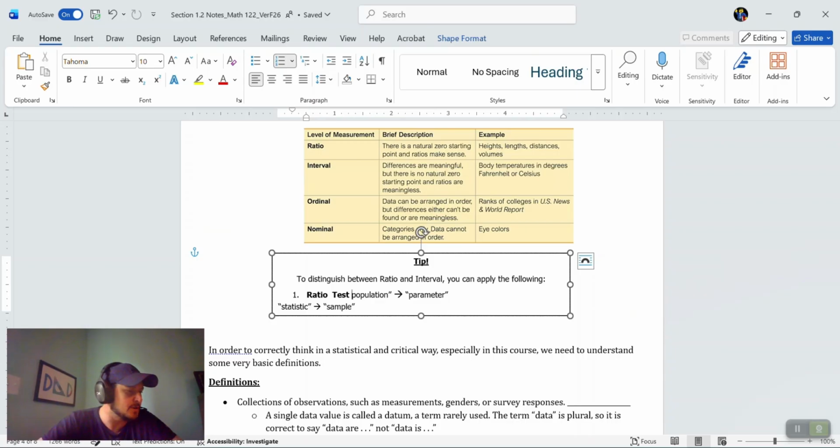So to distinguish between the interval and ratio levels, ask yourself the question, does use of the term twice make sense? Let me put it this way: would doubling make sense?